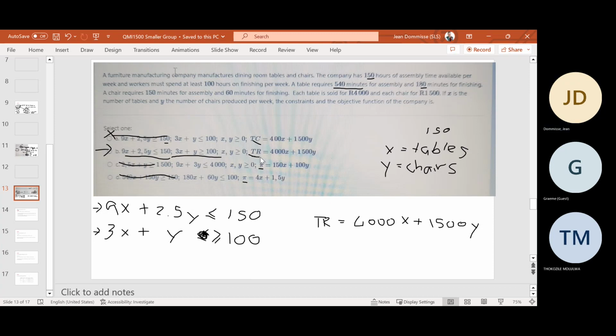Okay, did you guys do total cost, total revenue, and those kinds of things?